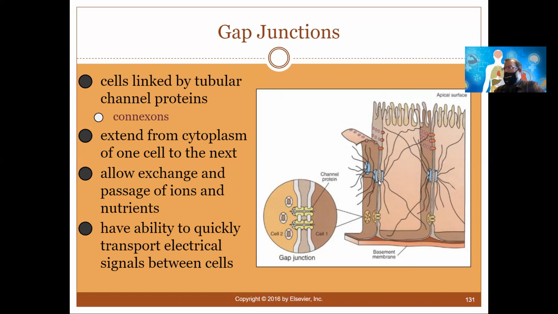This is going to allow for transfer of cytoplasm or cytosol, maybe the liquid inside the cell. We can potentially share nutrients. So maybe one of these cells is a lot closer to the action for nutrient absorption, so it absorbs nutrients, and then it can transfer those and share with neighboring cells via these gap junctions.